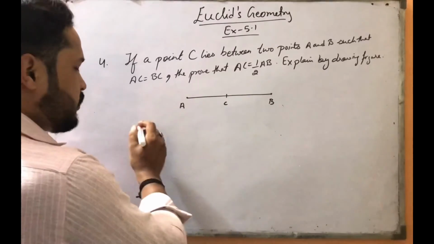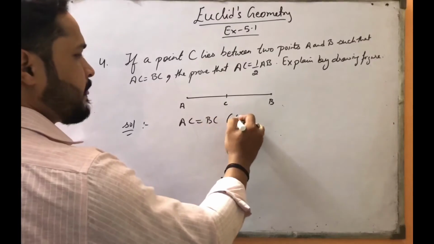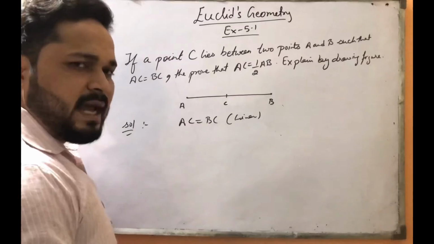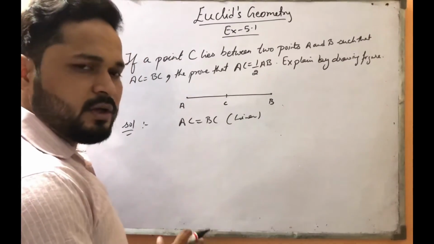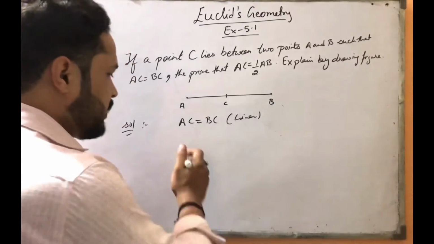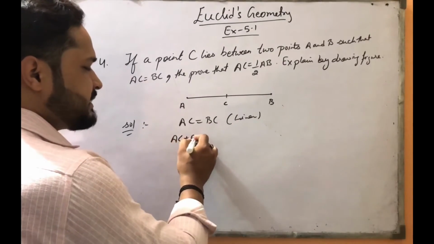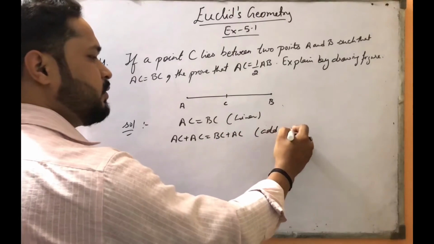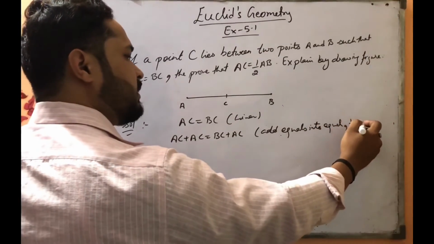So now how can we prove that? Look here, it is given that AC is equal to BC. By using Euclid's axiom, if we add equals to equals, then the wholes are equal. That means if we add AC on both sides, AC plus AC is equal to BC plus AC.